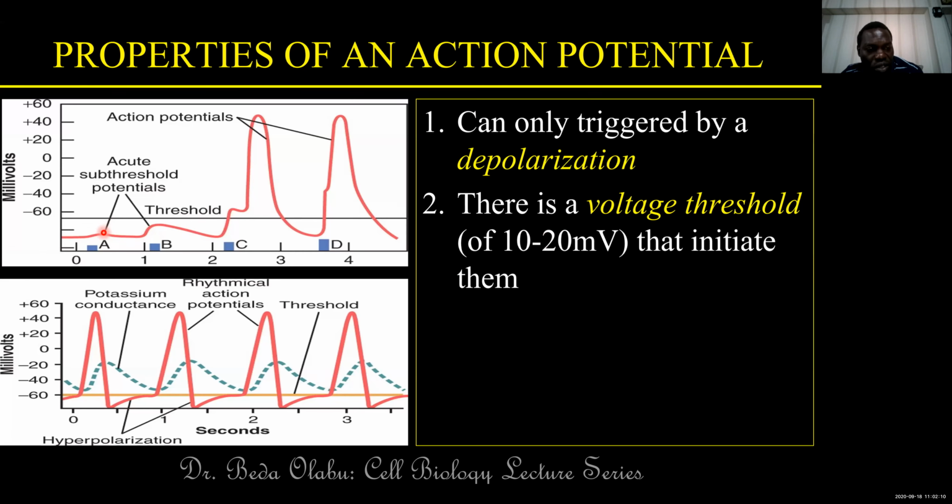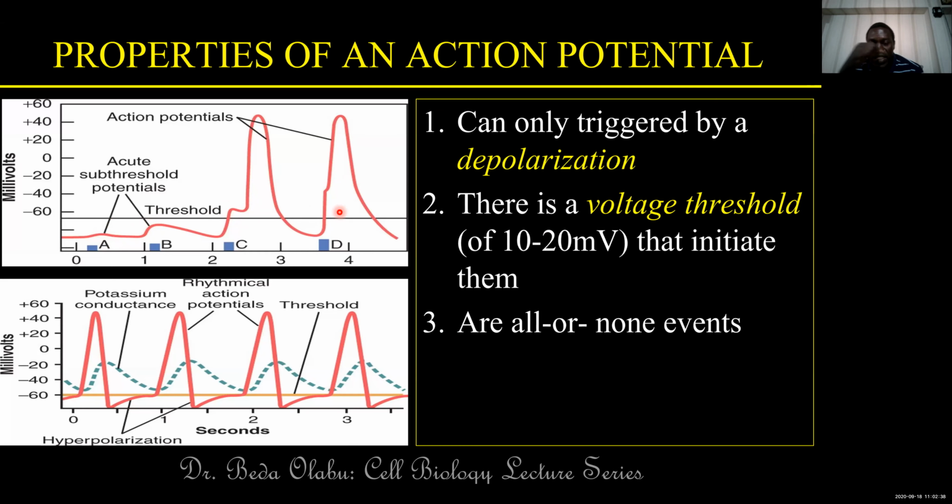But if the stimulus is low, like A and B, it doesn't reach the threshold, this will not cause action potential. A and B cannot cause action potential because they are subthreshold. C and D are above threshold, so they can cause action potentials.